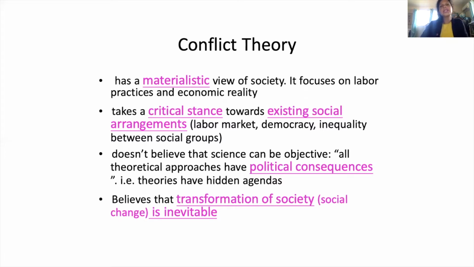And social conflict theorists believe that transformation of society is not just something they want, but it is inevitable. It's like a natural order: constantly conflict between groups creates new harmony, then there's conflict again. So there's this dialectical process recurring in conflict theory.